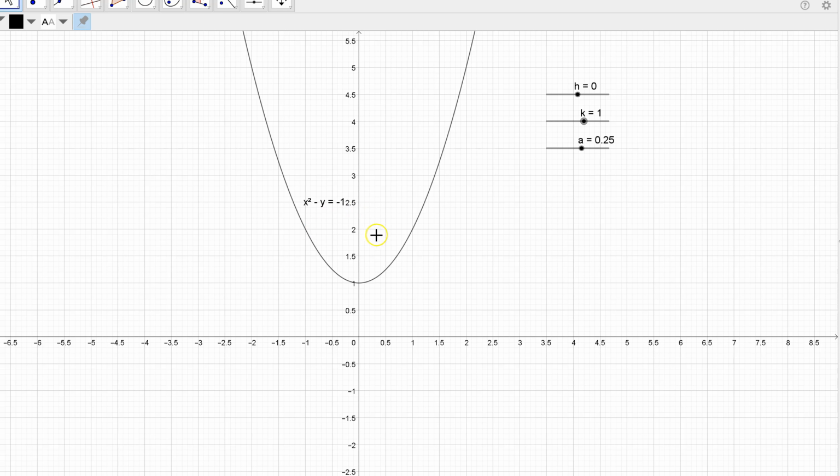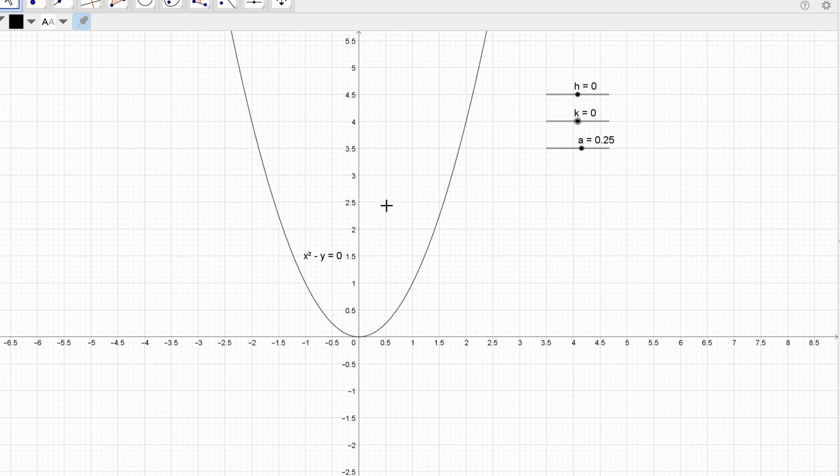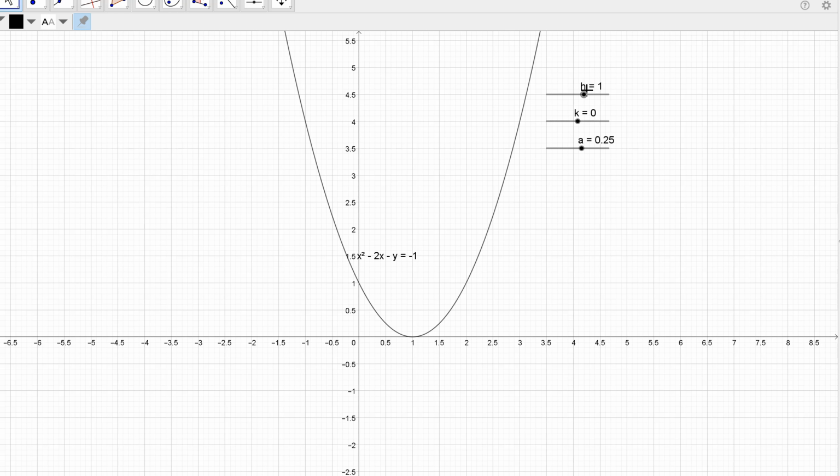So if x squared equals y minus 1, that's telling me that I've shifted the axis up by 1, because the value of y that makes the bracket on the right hand side 0 is y equals 1. And likewise, I can shift it down, I can shift it across as well.